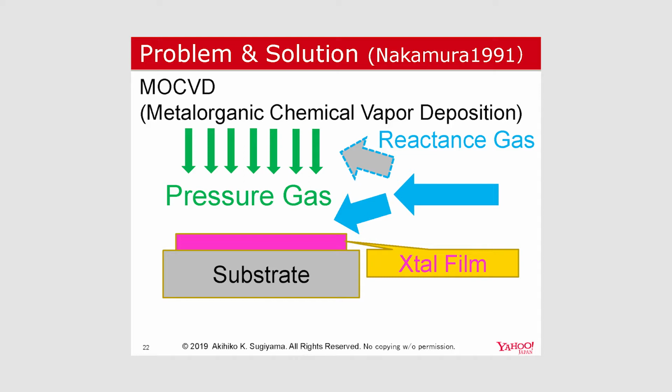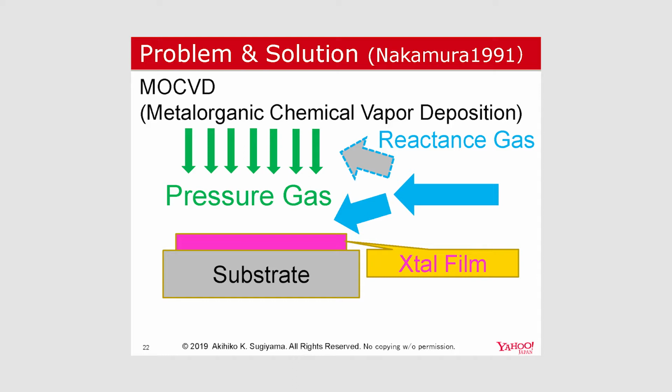That's why it goes up. So his solution is, because you would not like this reactance gas to go up, you can press it down. It's very simple and just opposite to the problem, just opposite to the second cause. That's why this solution is very good, very natural. That is how you should proceed.